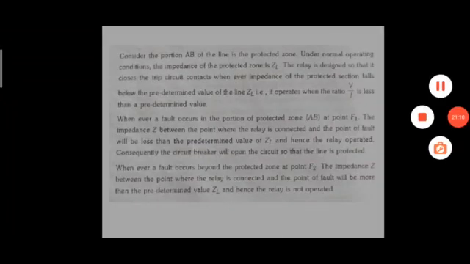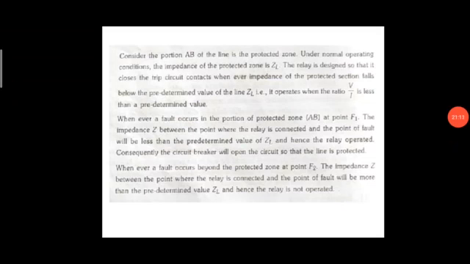Whenever a fault occurs in the protected zone AB at point F1, the impedance Z between the point where the relay is connected and the point of fault will be less than the predetermined value of ZL, and hence the relay operates.